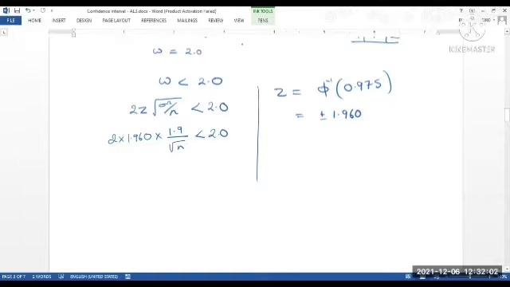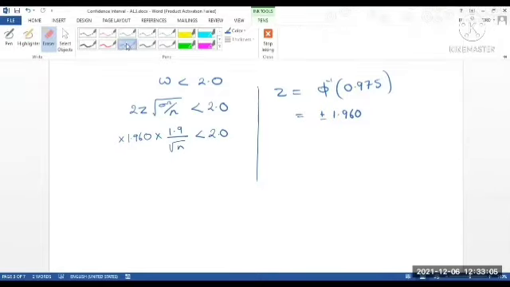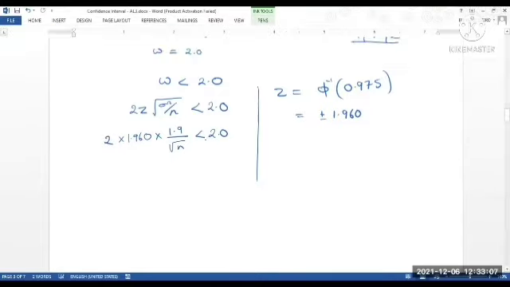Or what you can do over here is you can just cancel off the 2 from both the sides. We have a 2 here and a 2 here. So what do we have here is 1.960 times 1.9 by the root of n is less than 1.